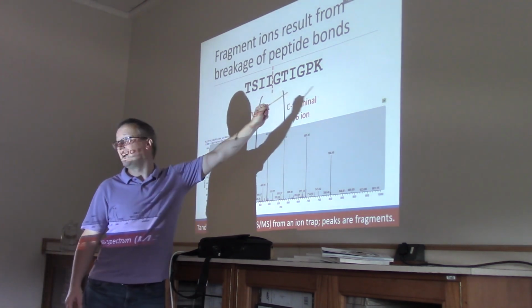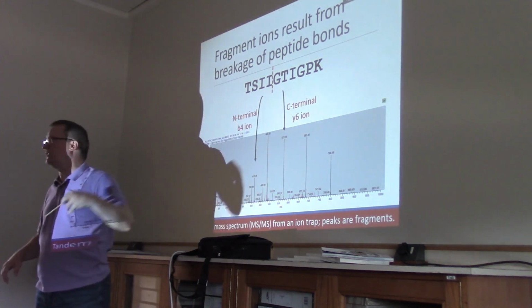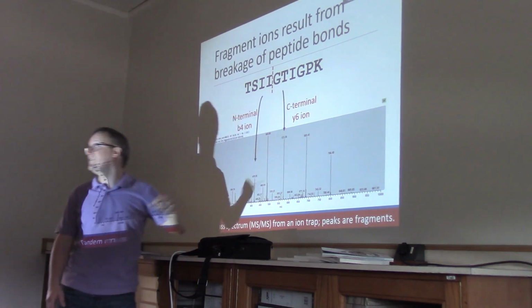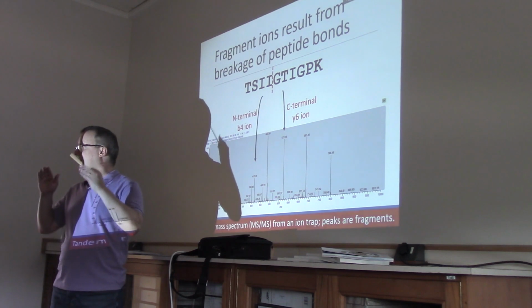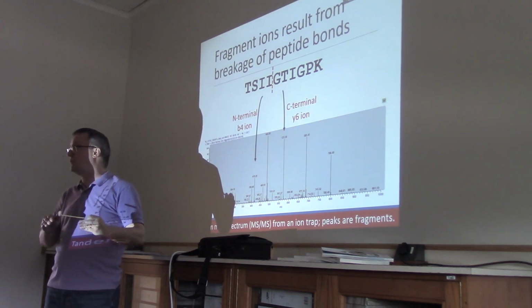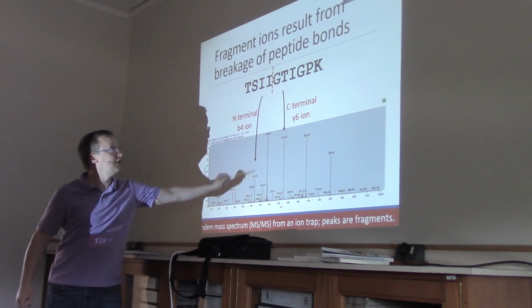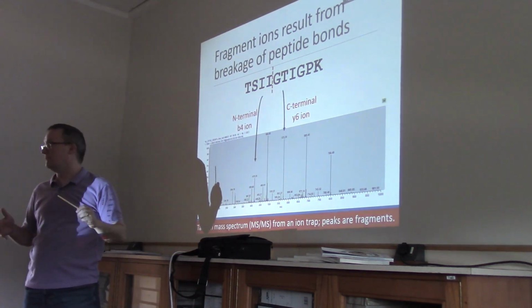The Y6 ion is the mass of GTIGPK plus a little offset plus water, and it comes in at 572.3. Great. So evidence for this particular peptide bond break is coming from both avenues, from the N-terminus here and from the C-terminus here. All grand.